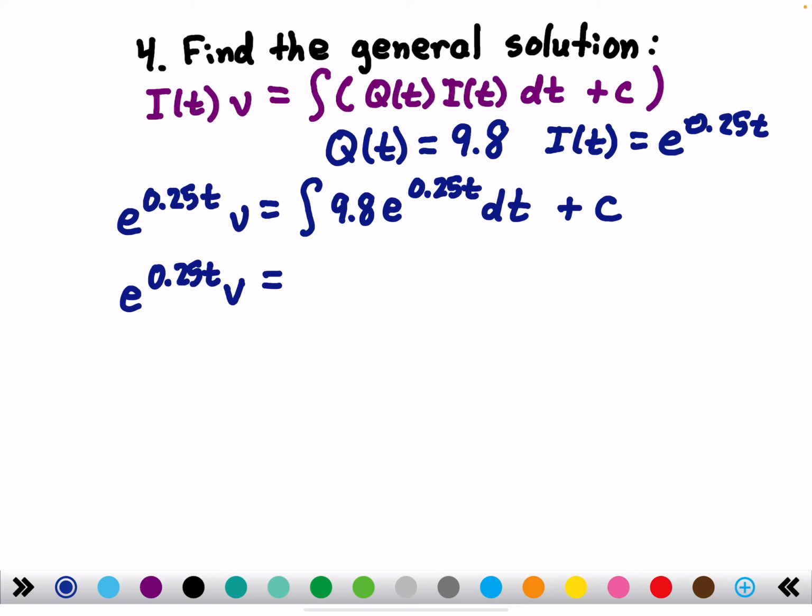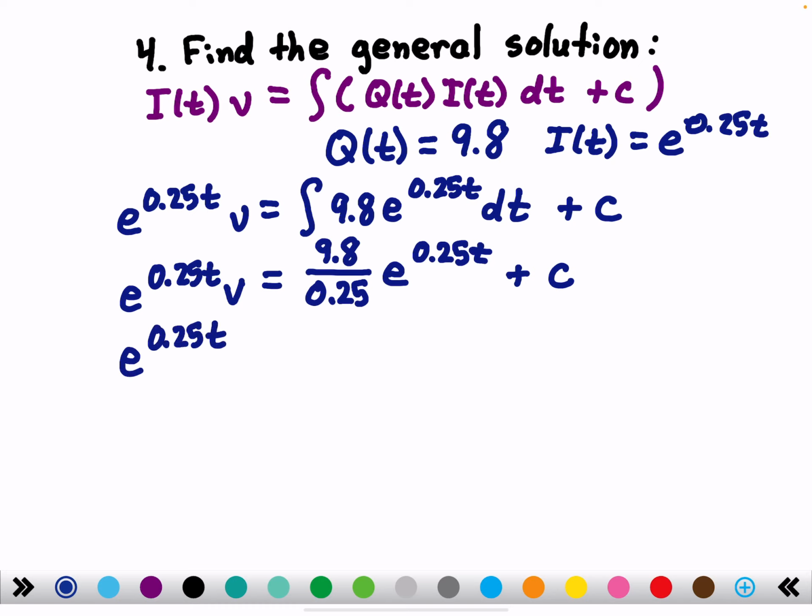Now we do this integration, that would be 9.8 divided by 0.25 times e to the 0.25 t plus c. 9.8 divided by 0.25 is 39.2 times e to the 0.25 t plus c.